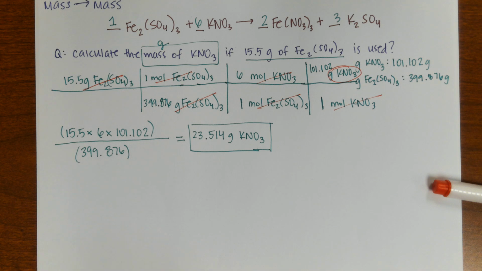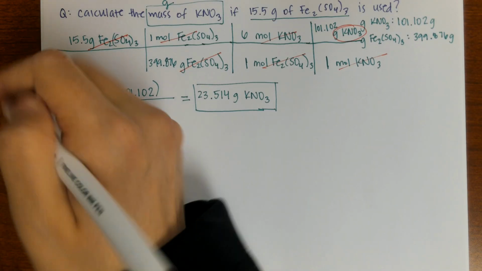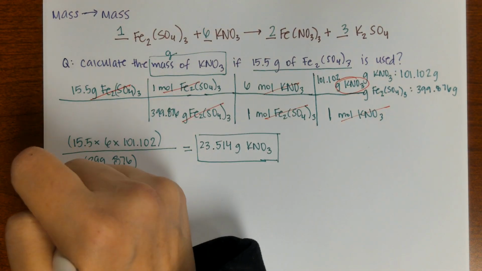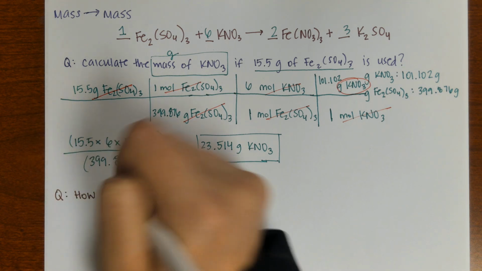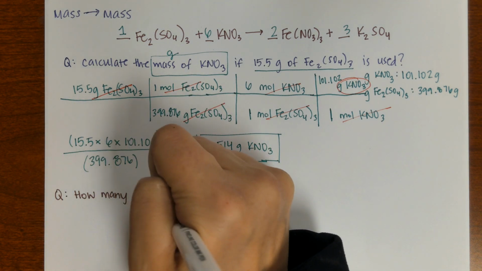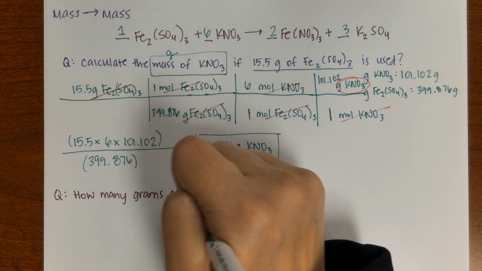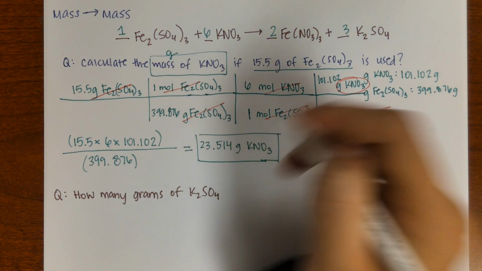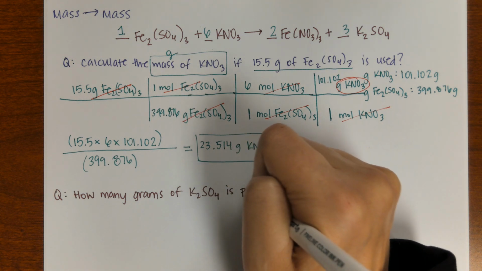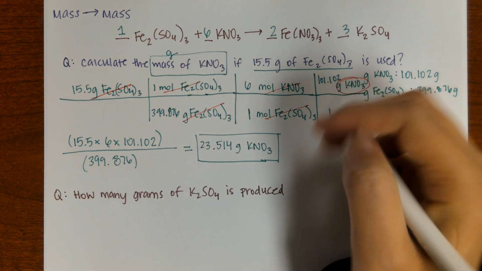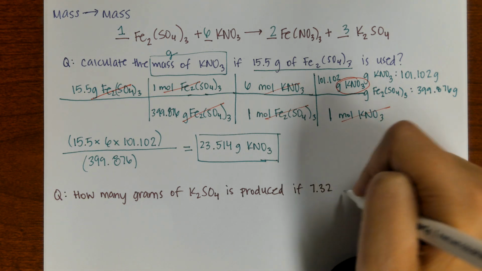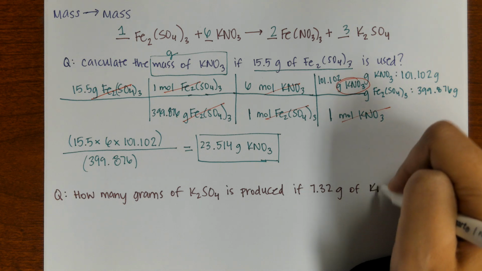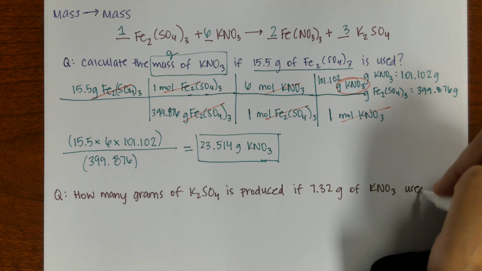Alright, let's do another example, which you will try by yourself. Same equation up here. How many grams of, let's do potassium sulfate, is produced if, say, 7.32 grams of potassium nitrate is used?